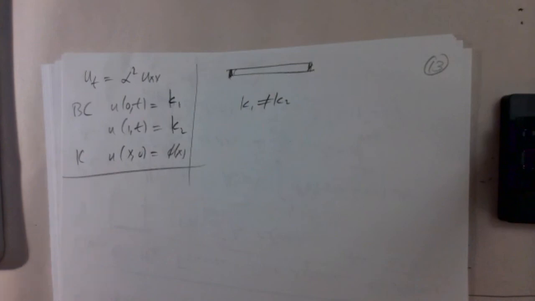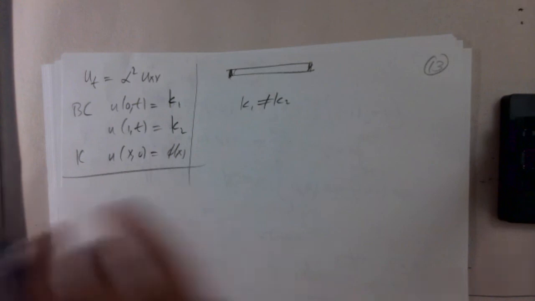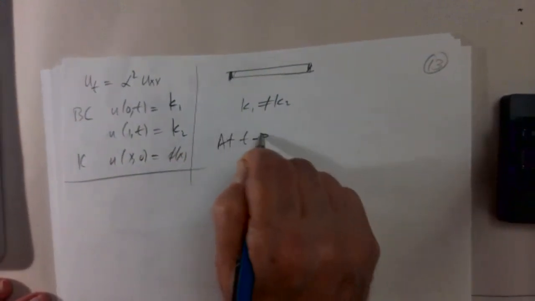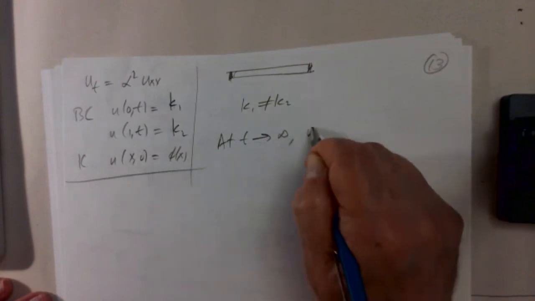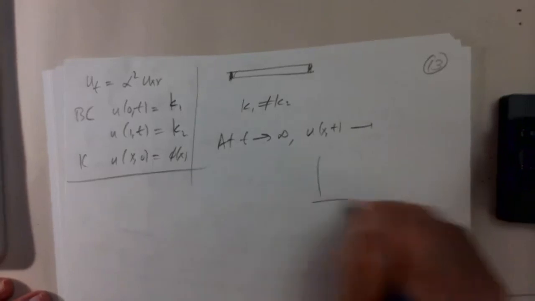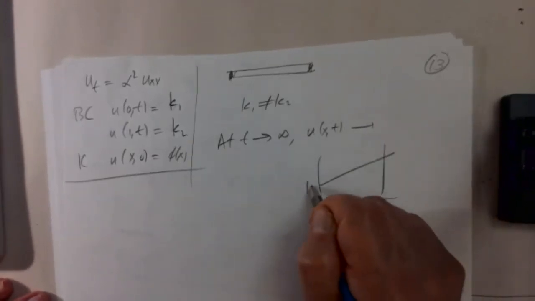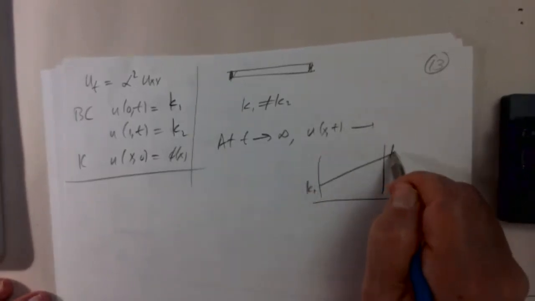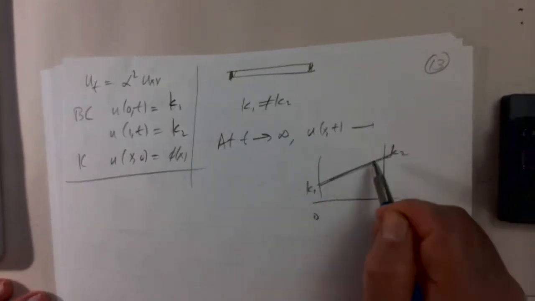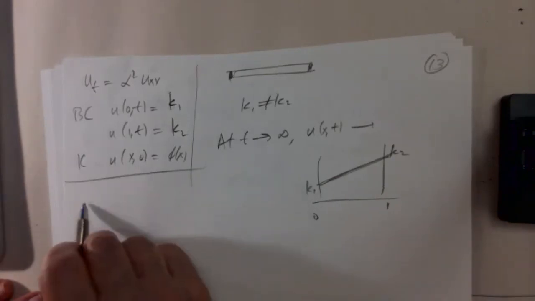And what we can say is, well, we think, or our intuition is, or we're told that in the final solution, as t goes to infinity, u(x,t) approaches just the picture we drew before, the straight line distribution from K1 to K2. What's the equation of the straight line?